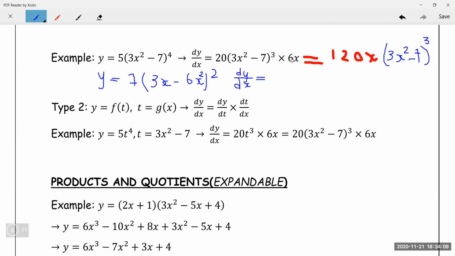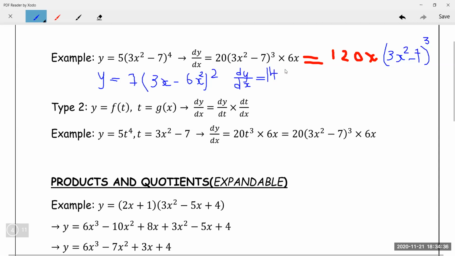Okay, I understand. So how do you differentiate this one? It would be 7 times 2, 14. All right, very good. So 7 times 2 gives us 14.